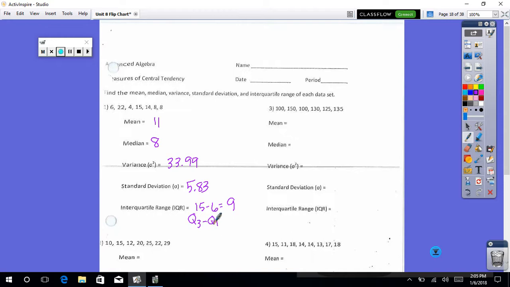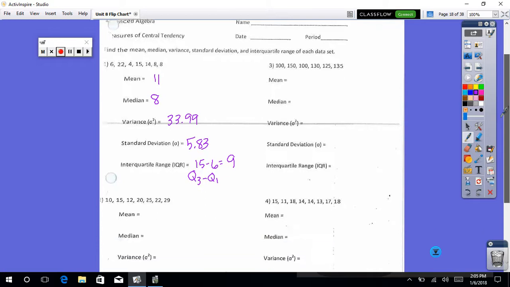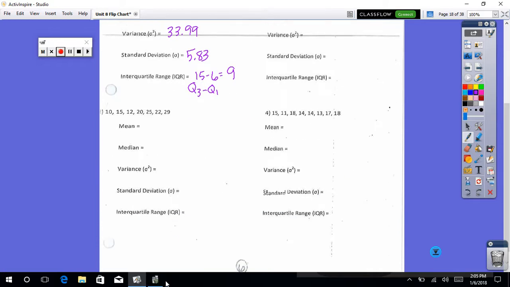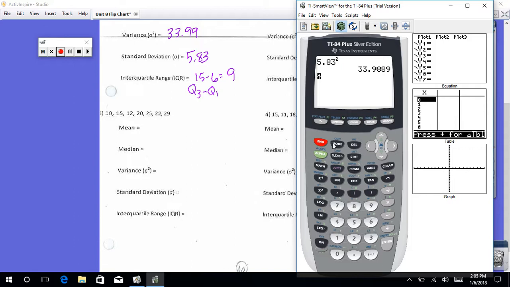Okay, let's do number 2. Enter your data. Remember, this is where most of the errors come in, is entering the data, just like mine did.